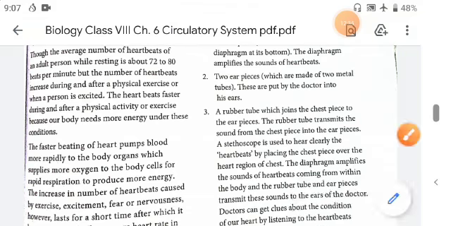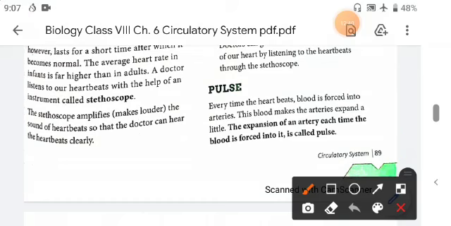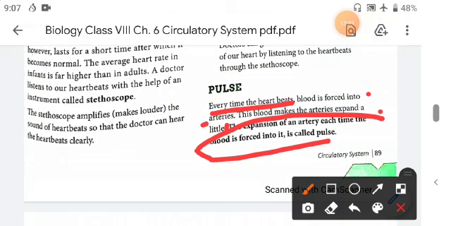Now our next topic is pulse. What is pulse? Every time the heart beats, blood is forced into arteries. This blood makes the arteries expand a little. The expansion of an artery each time the blood is forced into it is called a pulse.